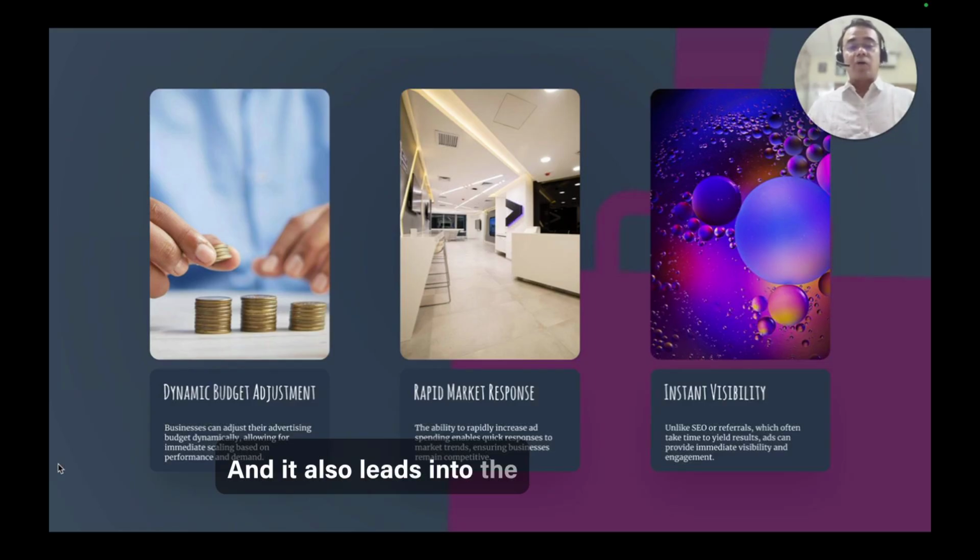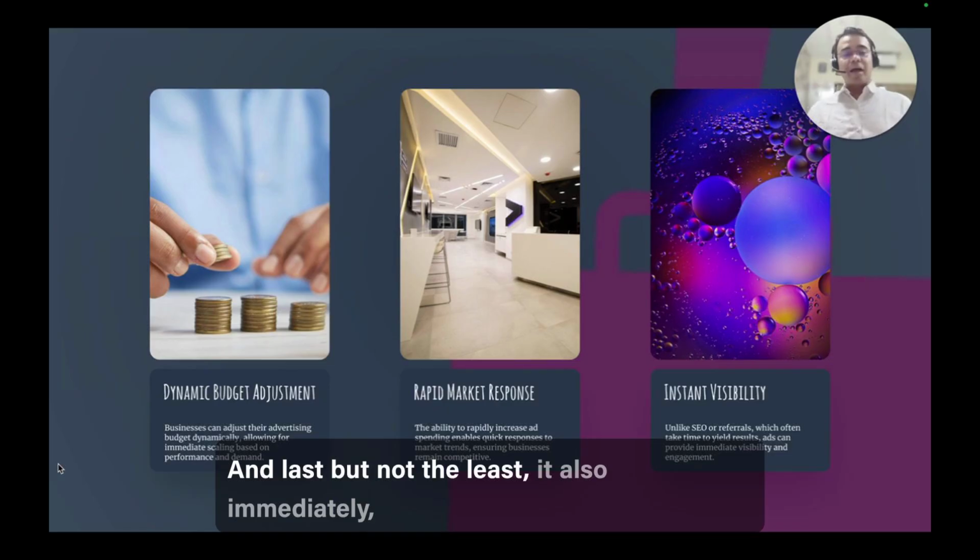It also leads to rapid market response, because while more ads are there, there is a propensity coming from the market that there would be increased mind share and brand share, and the brand recall that would happen because of the ad spending.